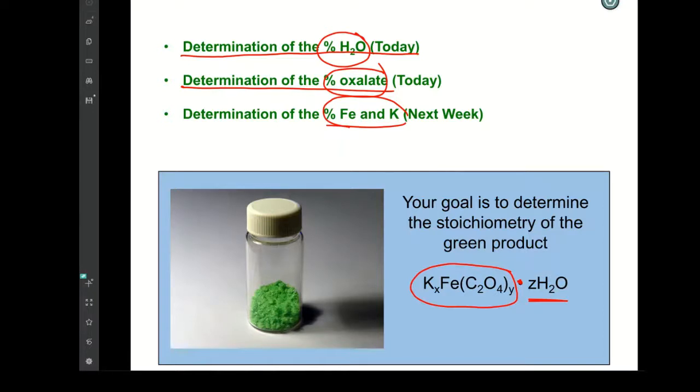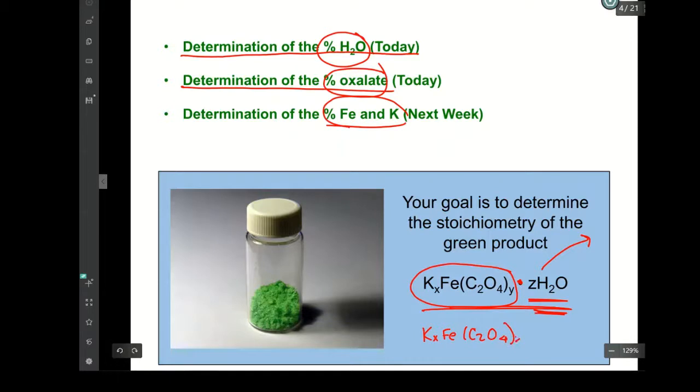If we heat it up, the water can evaporate, and we don't want to heat it too much so that we don't decompose the rest of the compound. But if we can drive the water off, we can go from having this hydrate that has water with it to just the potassium iron oxalate part without the extra water.